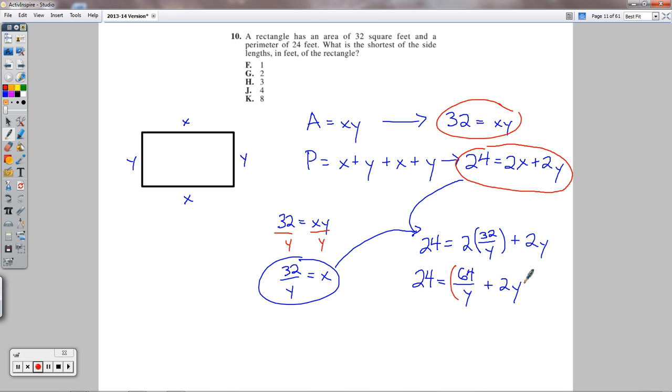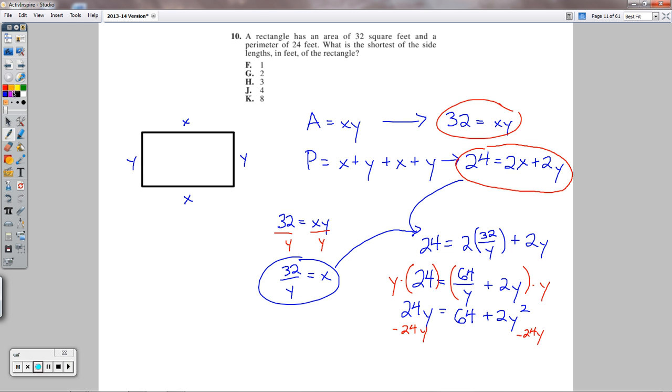So if I multiply everything by Y, I'm left with 24Y equals, and the Y would go on the top there, canceling out with the Y on the bottom, so 64 plus 2Y squared. Then I'm going to subtract 24Y from both sides.